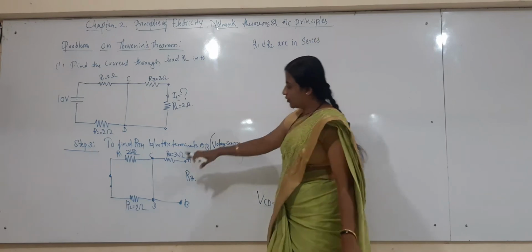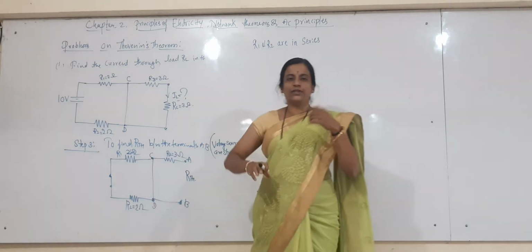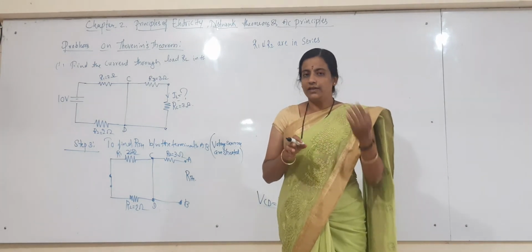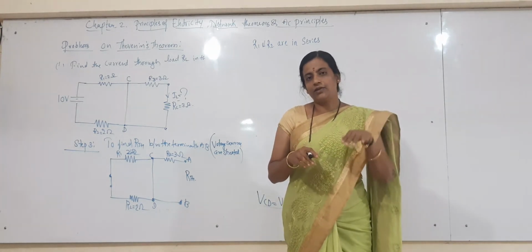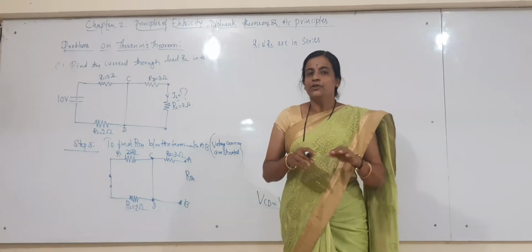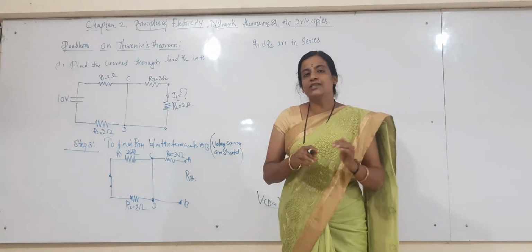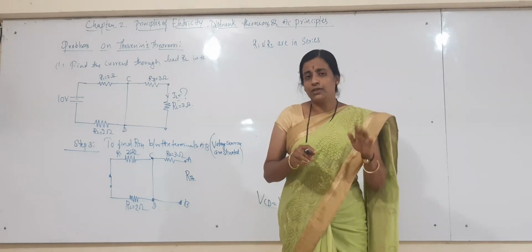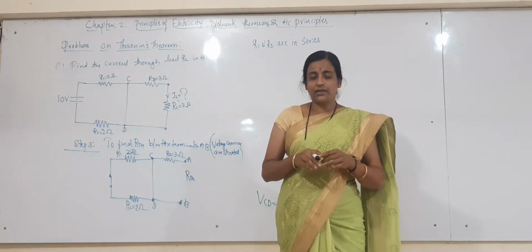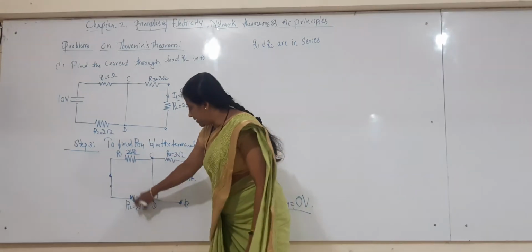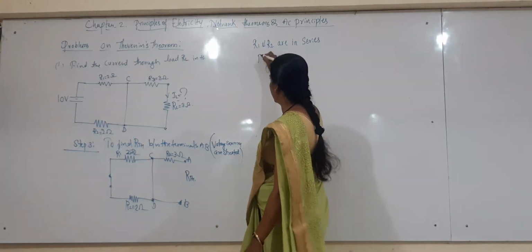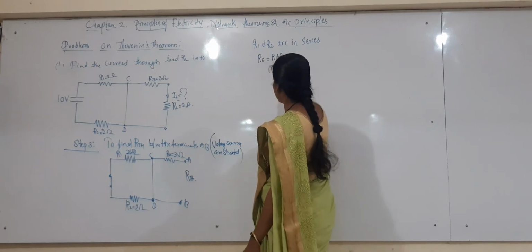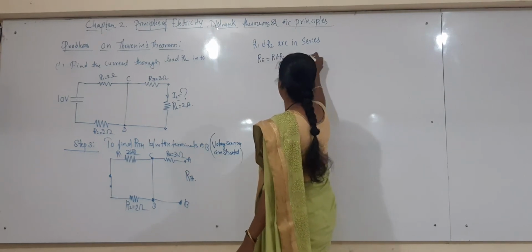Therefore, these two resistors are replaced with one single resistor. When resistors are in series, they can be directly added to find the effective resistance: R series is equal to R1 plus R2, that is 2 ohm plus 2 ohm is 4 ohm.